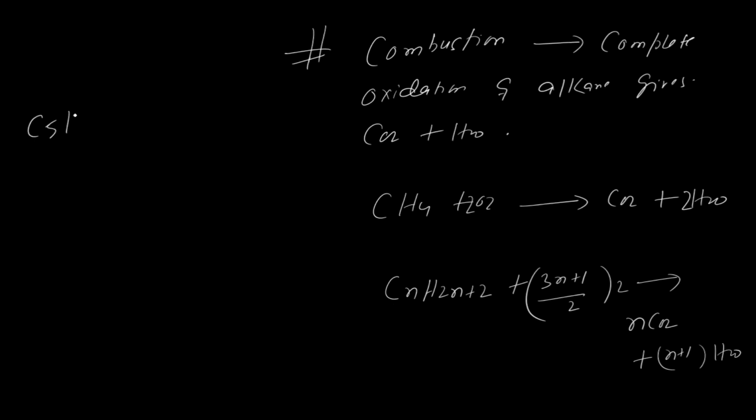Then C5H(2×5+2). So the 5 carbon alkane is pentane, C5H12. Now when it undergoes oxidation, how much oxygen will you take?